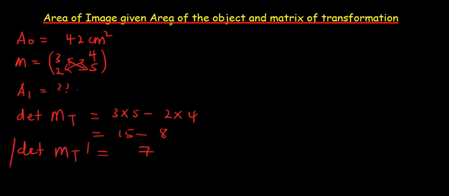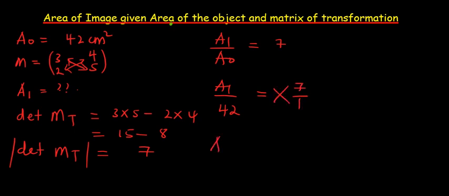So the absolute value of 7 is 7. We substitute in our equation: A1 out of A0 is equal to 7. So A1 out of A0 has been given to us as 42, which is equal to 7. We cross multiply, that is A1 is equal to 7 times 42.